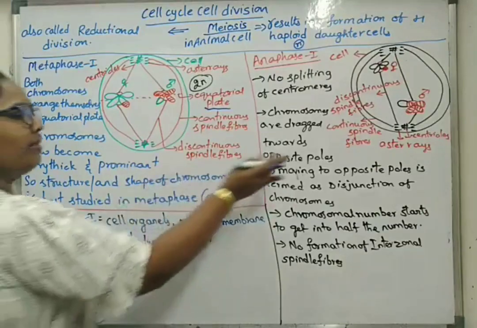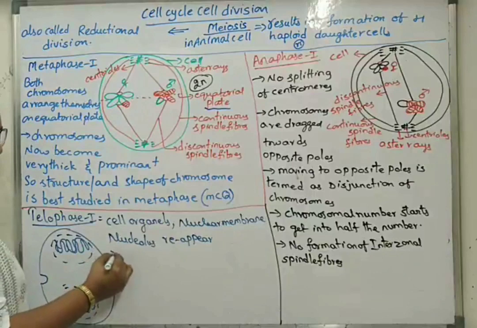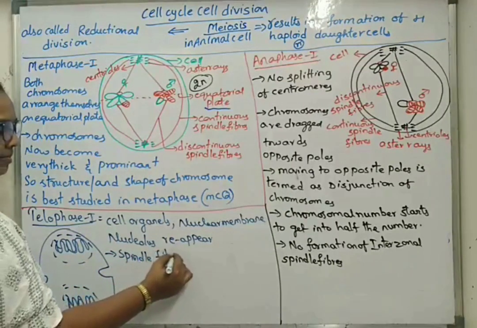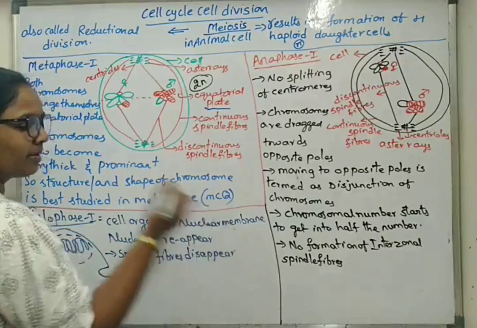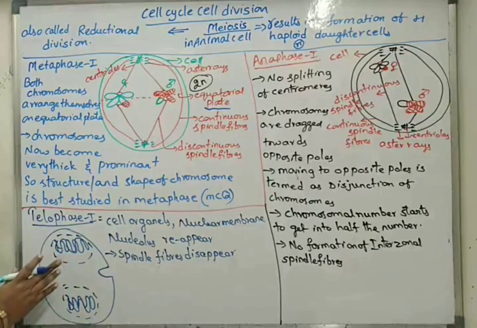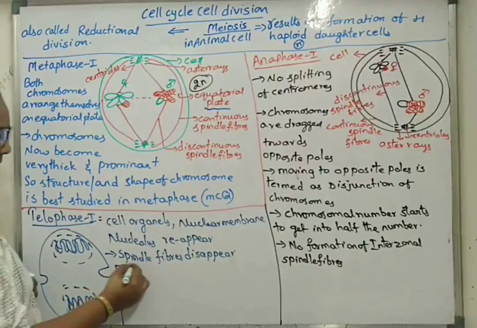Spindle fibers disappear, and chromosomes will be decondensed, or they will be recoiled back to chromatin material. So these are the changes that are happening up to telophase 1. Then what about cytokinesis?